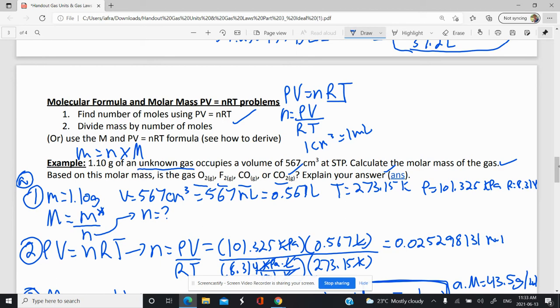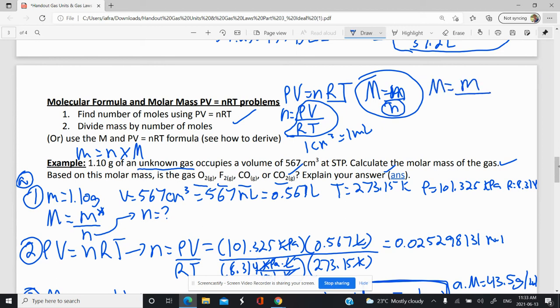Now, remember that your molar mass is equal to M over n, mass over moles. So let's take this equation and replace this mole value by PV over RT, because they're the same thing. So we're going to replace that.